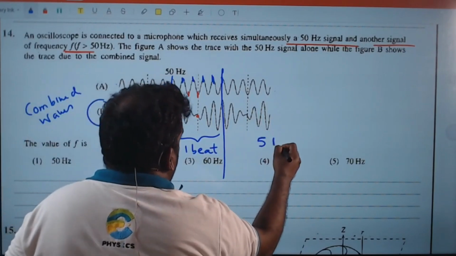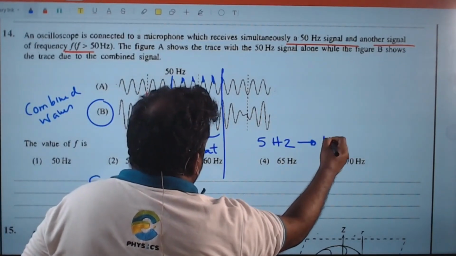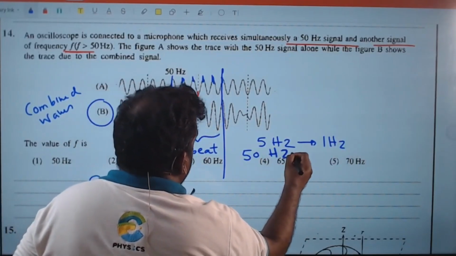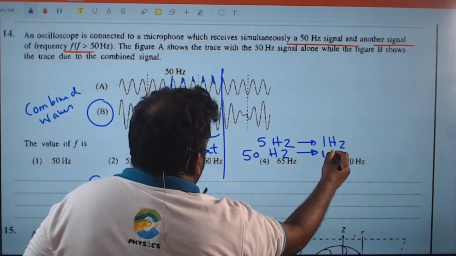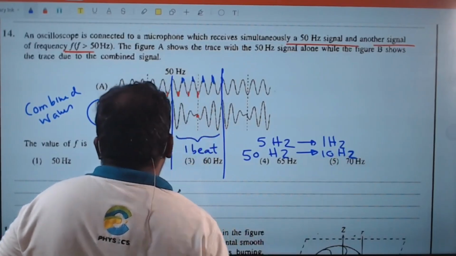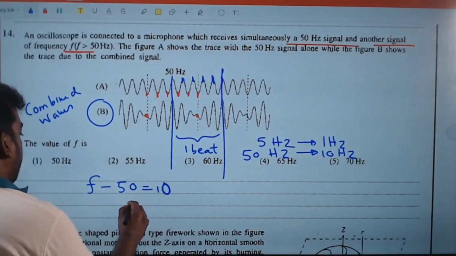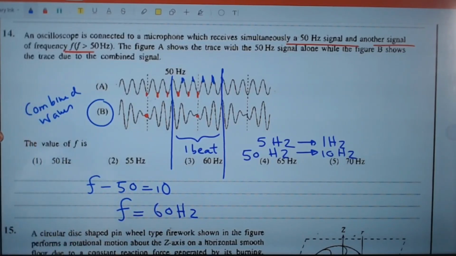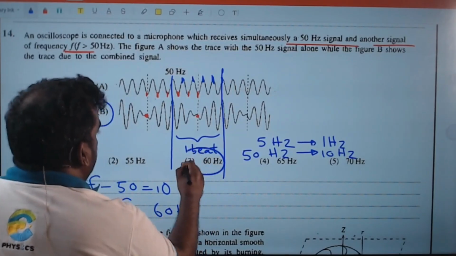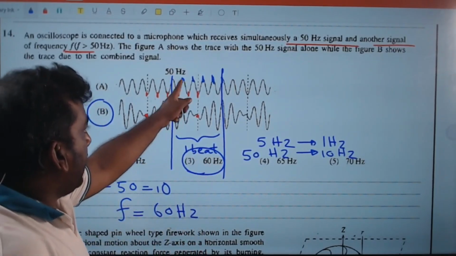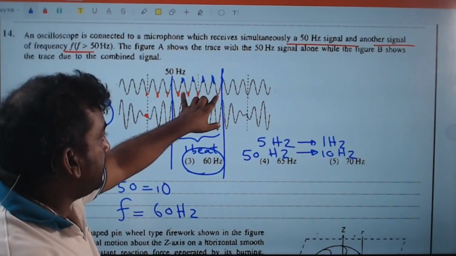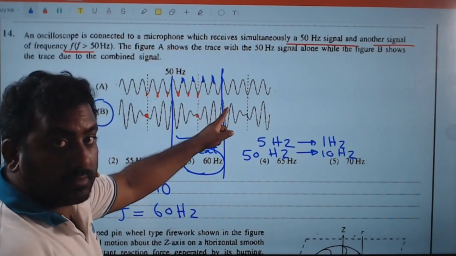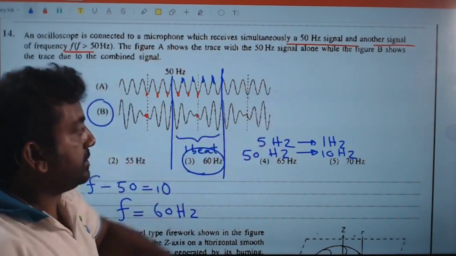Every 5 hertz, there is 1 beat. So for 50 hertz, there should be 10 beats. 10 beats means F is equal to how much? 60 hertz. Correct answer is answer 3. So for every 5 cycles here, 5 hertz, 1 beat. 50 hertz means 10 beats.